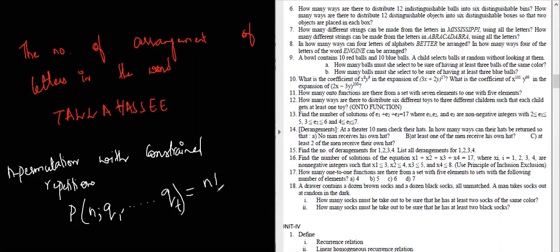Then your formula is given as n factorial by Q1 factorial into Q2 factorial and so on up to Qt factorial. Okay, so this is permutations with constrained repetition, a very important formula. The different words that you usually get are Tallahassee, Mississippi, abracadabra, and also the most important one, success.